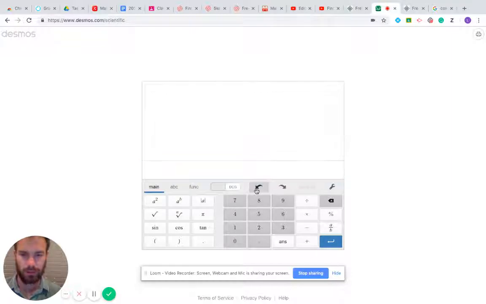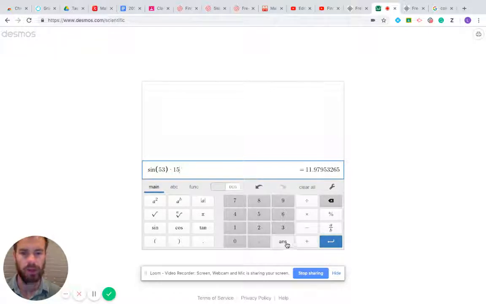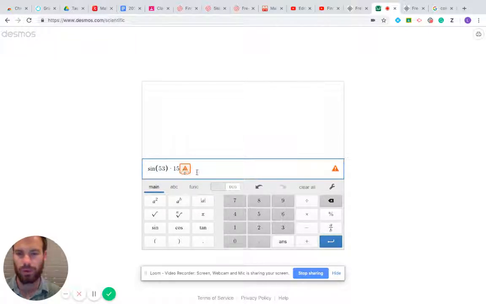Sine 53 degrees. I'll close the bracket on that and multiply that out by 15. I just wanted to be able to show you guys the actual working.